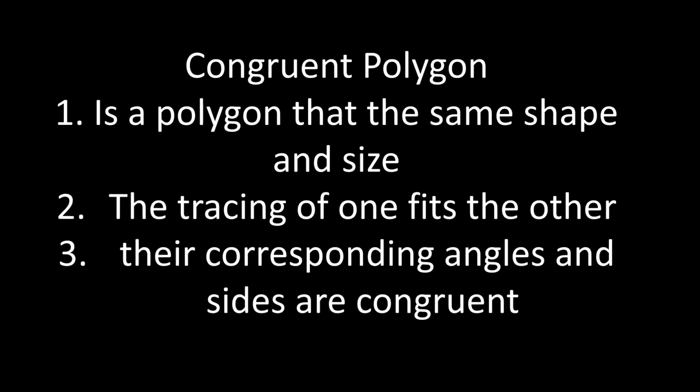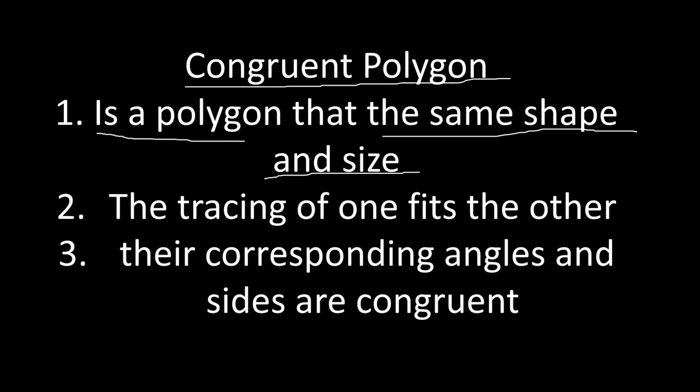Now let's go on the meaning of congruent. Remember this class, congruent polygon. When you say congruent polygon, it is a polygon that has the same shape and size, and the tracing of one fits the other.